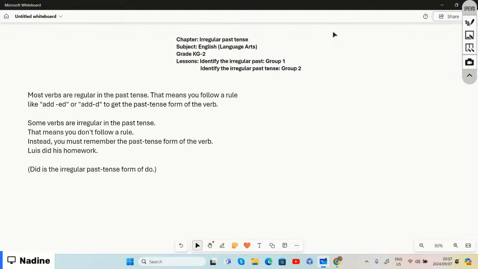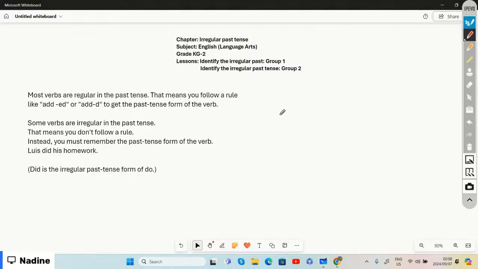If we look at an example like jump, we can say, I jump, like you're jumping now. But in the past tense, I jumped. So we added an ed to show the past tense within our sentence. So jumped, that is the regular past tense.